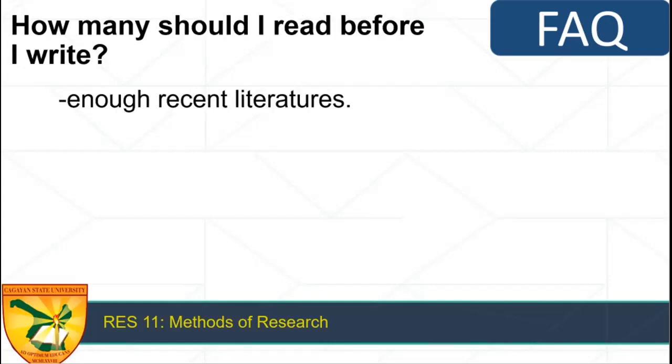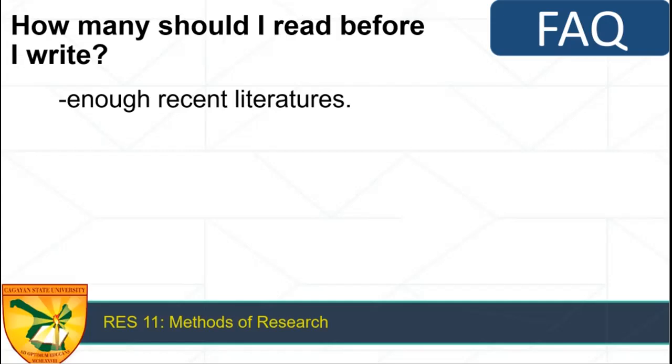Next is how many should I read before I write? You should have read before writing, and you should have read enough recent literatures. You will see in the flow of research writing or proposal that you need to read review of related literatures first before even writing anything.